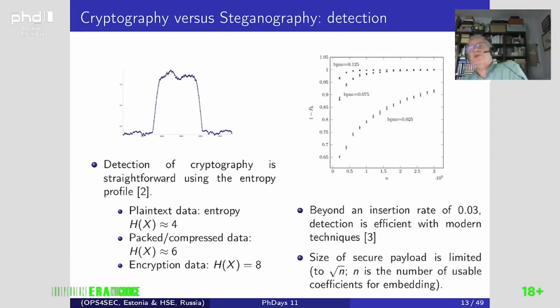On the right, you have different results which I will summarize. You will find, of course, references in the bibliography of the slides. Steganography has a very low rate if you want to remain undetected. It means that less than 3% of the data can be used to embed secret data.